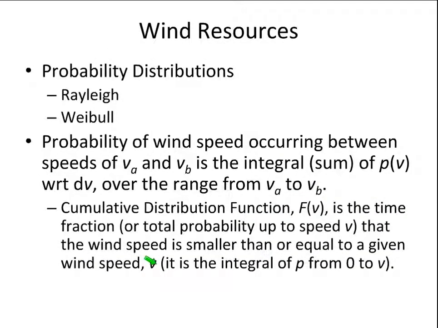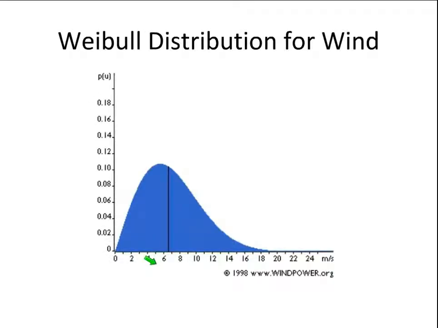All right, let's talk about the wind resource and how much wind is in your area. If you have taken much statistics in your time, which you may or may not have, you might have heard of the normal distribution or a bell curve. In the case of wind, we have the Rayleigh and the Weibull distribution, and I'm just going to show you a Weibull distribution here, which has wind speed on the x-axis and basically the percent of the year on the y-axis.